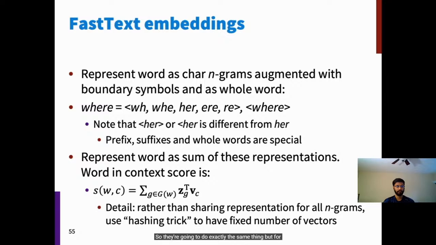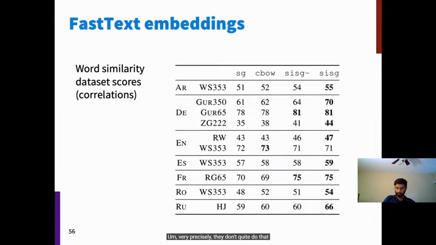They're going to do exactly the same thing, but for the center word, they're going to use the vectors corresponding to all 6 of these representations, and they're going to sum them. So you're just doing this simple summing operation, and that gives you your representation of similarity. Very precisely, they don't quite do that because there's a hashing trick, but I'll leave that out.